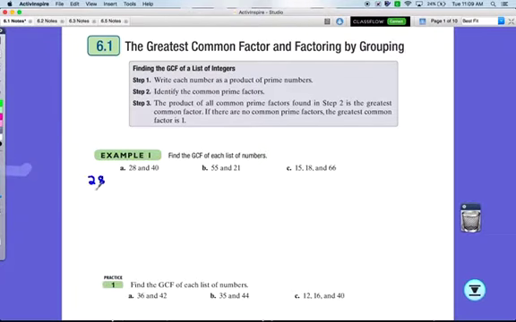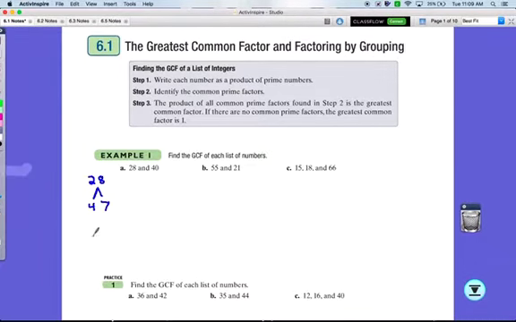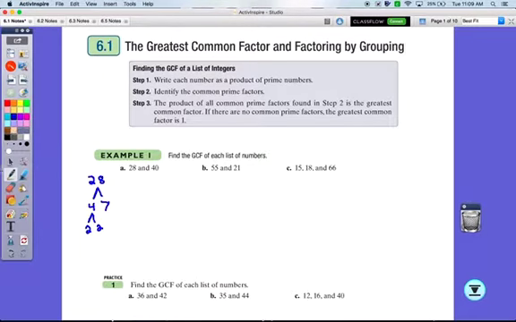So if I wanted to find the GCF of 28 and 40, I can take the 28, and say, what multiplies to give me 28? Different ways to do it, but I like to say 4 times 7, because that's the one I remember. Then take each one of those numbers and see, can you break those down any further? So 4 is 2 times 2, and 7 doesn't break down any further.